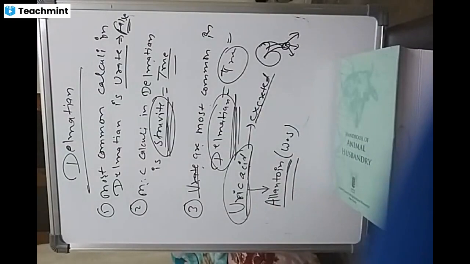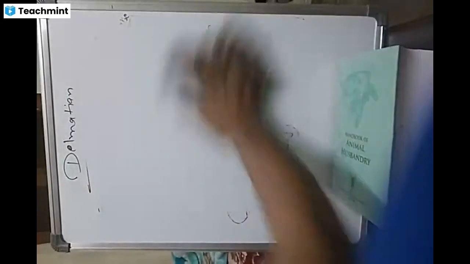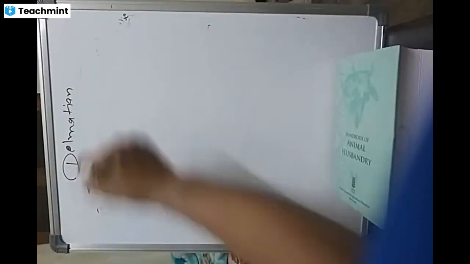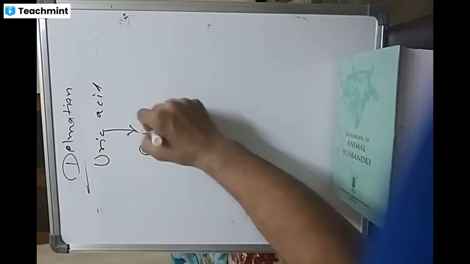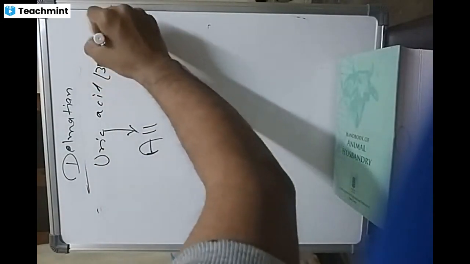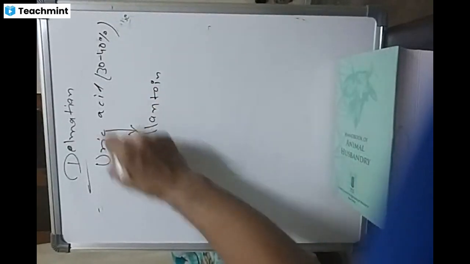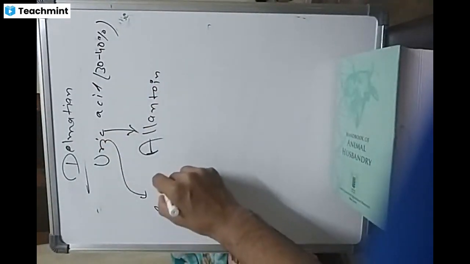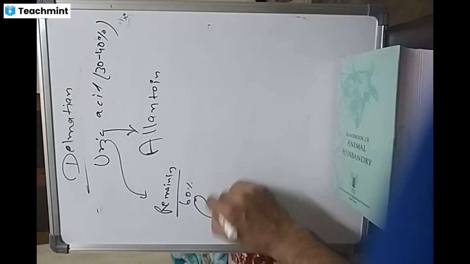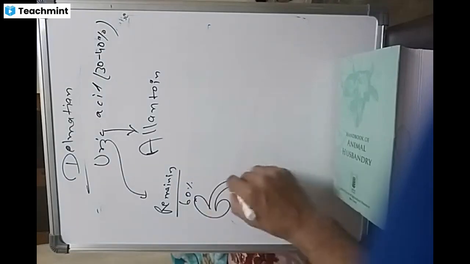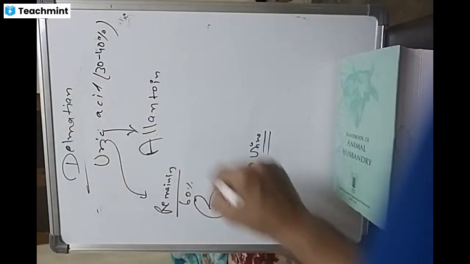Why is it not converted into allantoin? So the reason for this is that uric acid is not converted fully; only 30 to 40% is converted and the remaining 60% will go out in the urine. So why is it not converted? Reasons.